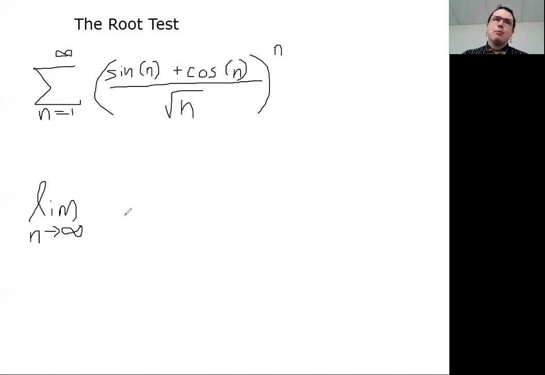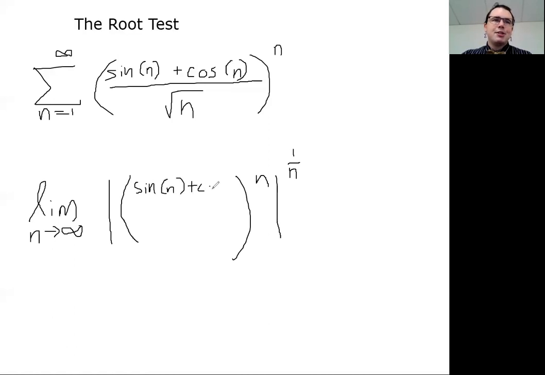Multiples of pi, sure, but just regular whole numbers gets tricky to work with. But I'm still taking the 1 divided by n power, the absolute value of this fraction raised to the power n. So I'm still going to get that very nice cancellation.